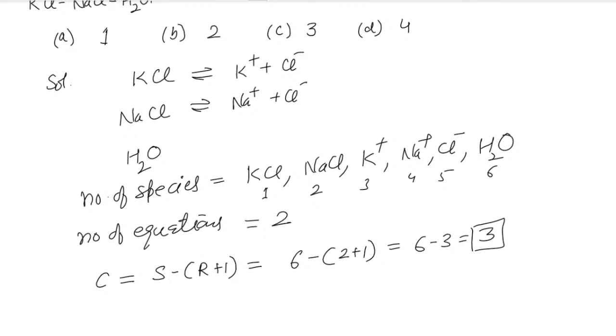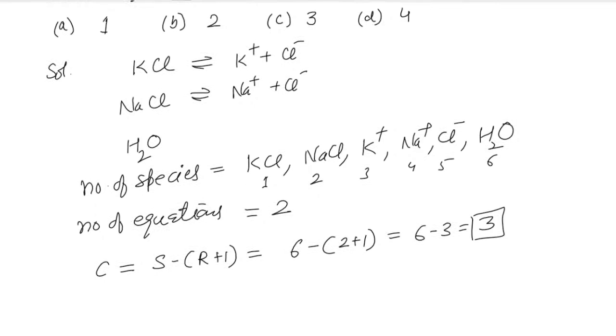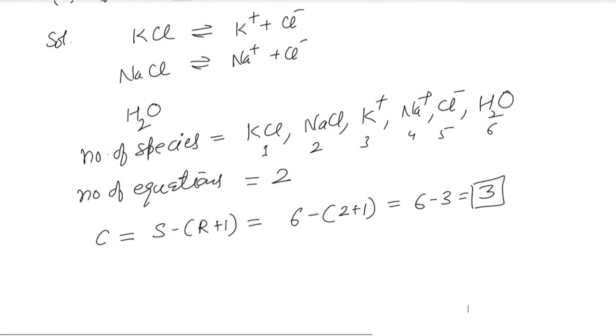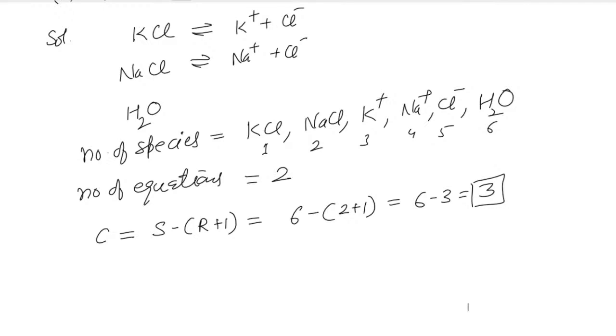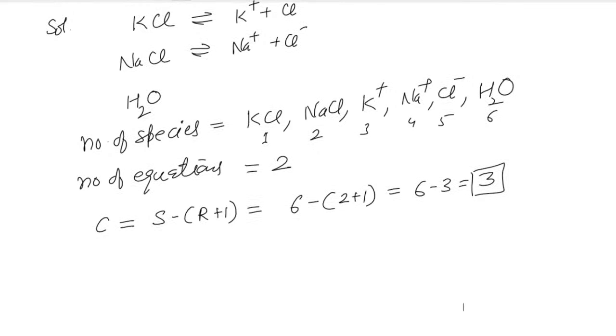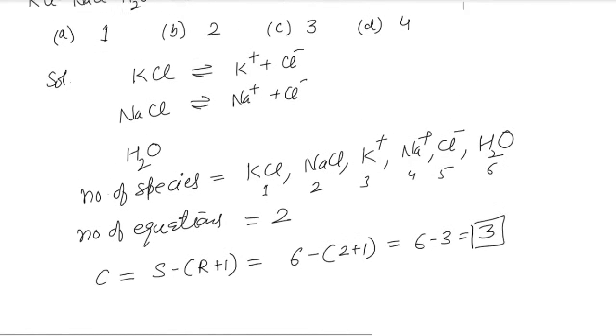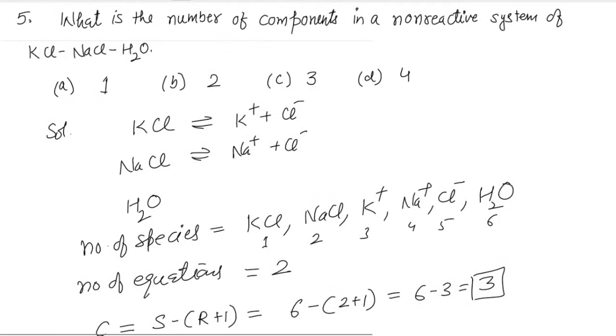Non-reactive here means that they cannot react with each other, because only Cl negative is there. Potassium cannot react with sodium. If it is KCl and NaBr, then it would, but the system is ionic actually. So in ionic reactions we go like this. This is the formula used.